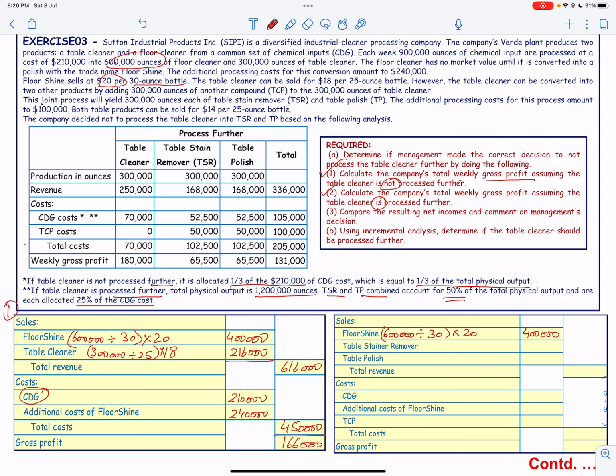Then we have the table stainer remover. If you can see here, table cleaner can be converted into two other products by adding 300 ounces of another product, TCP, to the 300 ounces of table cleaner. So this joint process will yield 300 ounces each of table stainer remover and table polish. So we have 300,000 for table stainer.